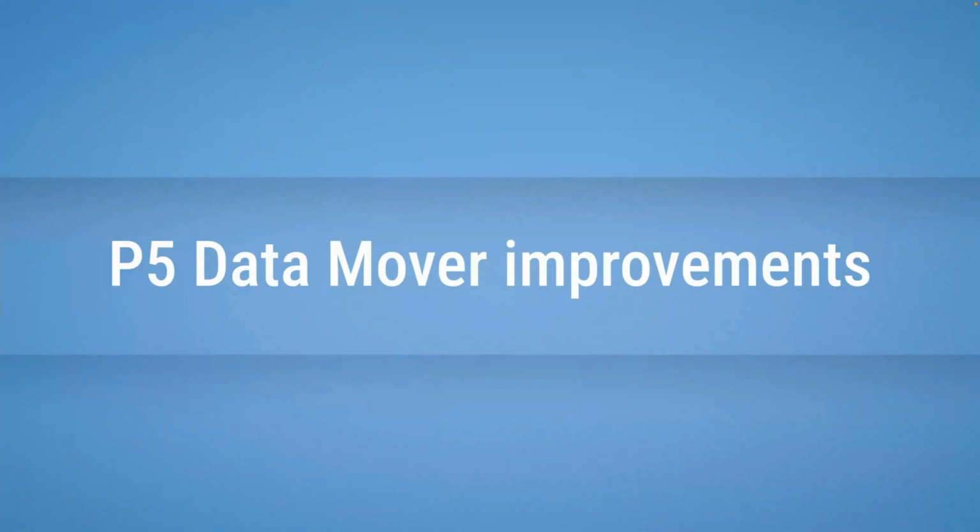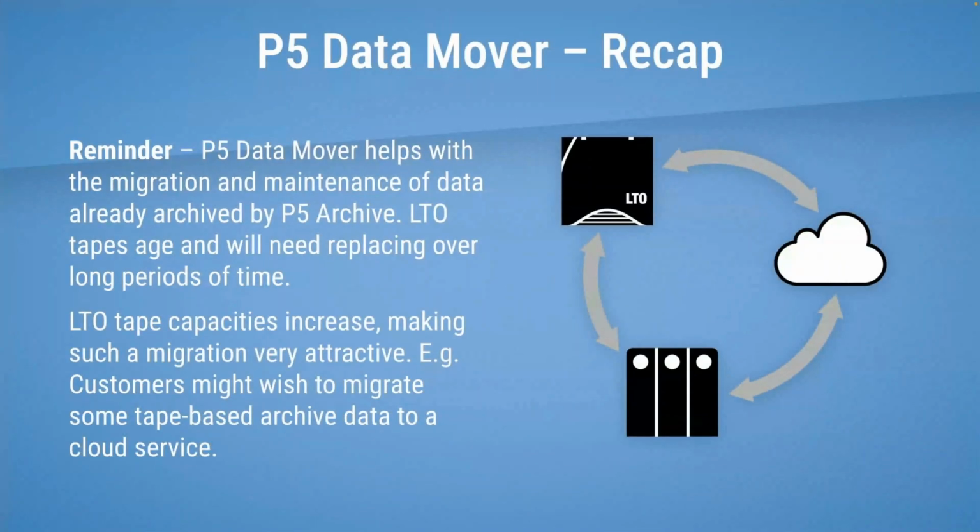Now we've got some P5 data mover improvements. As a little bit of a recap, P5 data mover is an add-on module for customers that are doing archiving that allows them to have flexibility so that data that they already archived to LTO5 tapes, they could put into cloud storage, for example, just migrate from tape to cloud.